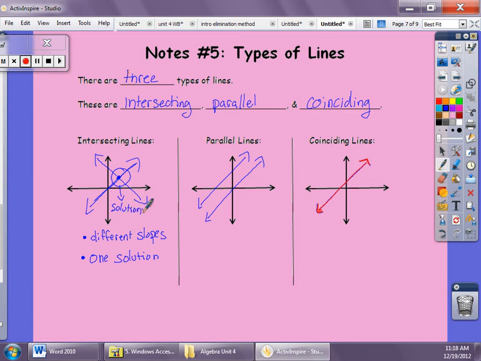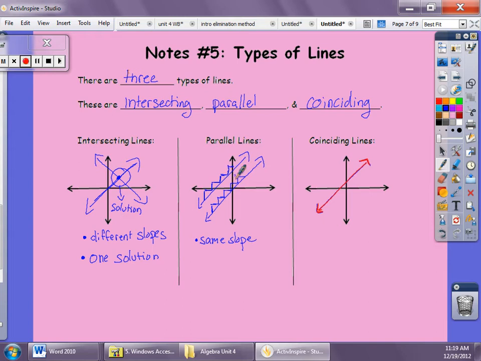Whereas when we look at parallel lines, they have the same slope. So if this is going up to the right 1, up to the right 1, up to the right 1, and it's going to keep doing that, the other graph also has to go up to the right 1, up to the right 1, so that they stay the same distance away from each other.